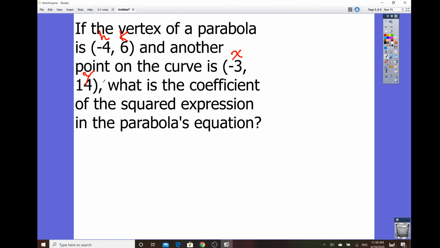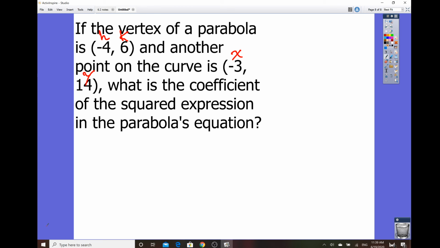And this one is the coefficient of the squared expression in the parabola equation. Now, the problem is that it doesn't tell you exactly what kind of parabola this is. So this one would be considered either a sideways or a regular parabola.